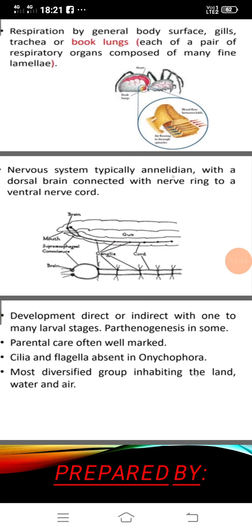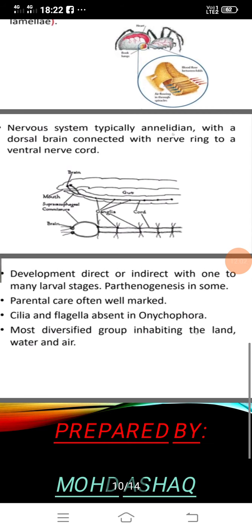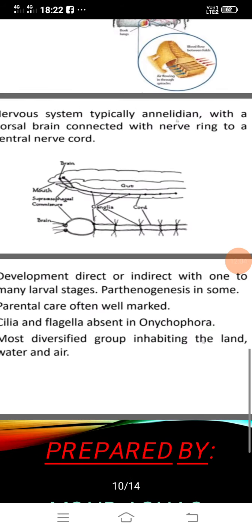So this then joins at the ventral to a long ventral nerve cord. The ventral nerve cord in each segment has a mass of neurons called the ganglia, and these ventral nerve cords are in paired form, as you can see in this diagram.